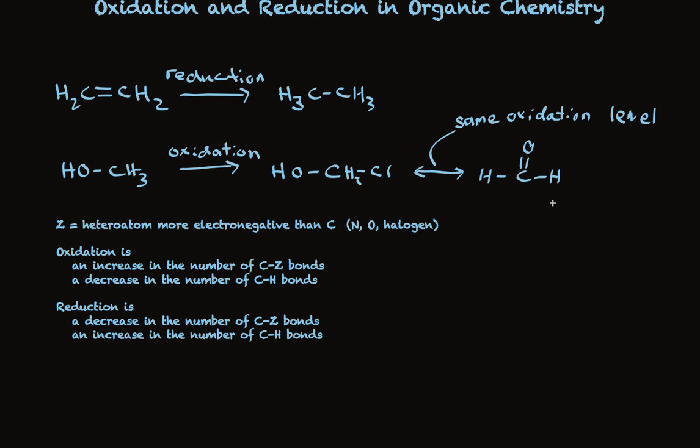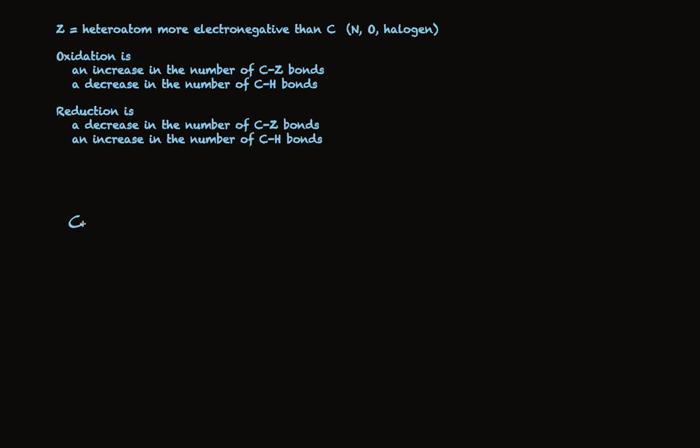And there's a scale we can look at for reference, sort of helpful. Take a look at methane. The lowest possible oxidation level, it's completely reduced. If you go up one step, so now there's one CZ bond, we go up one oxidation level. If we go up another step, we're up another oxidation level. We can go another one.